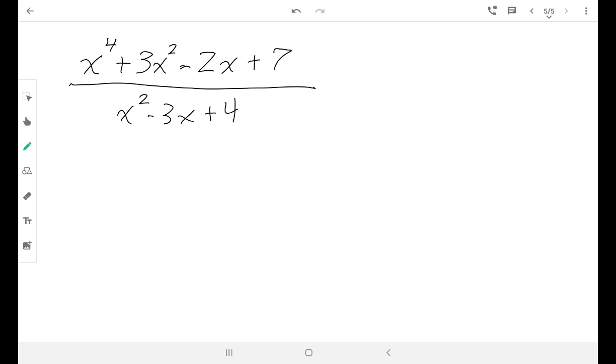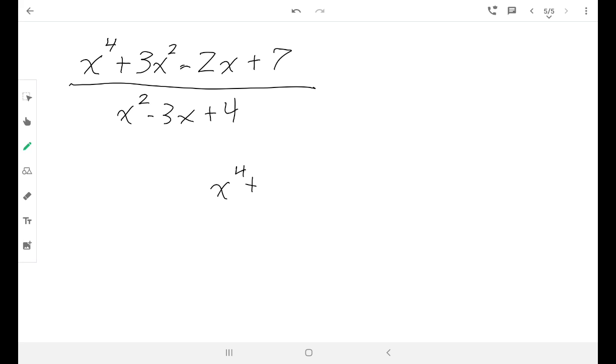The first time I ever saw synthetic quadratic division was during a graduate level course. And it is ridiculous. Let me just say that. We are way better off just setting up our long division problem. And you're going to see that this really isn't going to be so bad.